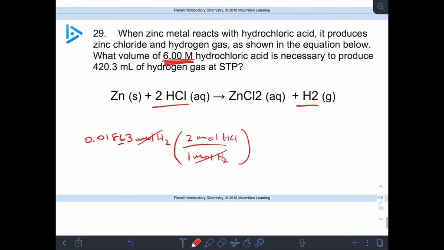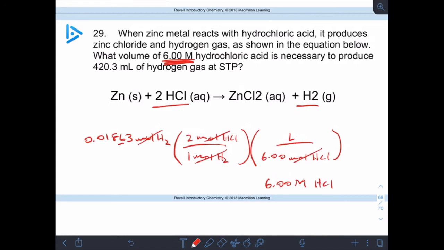But now we're going to use this conversion factor to get to a volume. Okay? So I've got 6 moles of HCl per liter. Okay? That's my 6 molar part, conversion factor part. Okay? So moles of HCl will cancel. Okay?